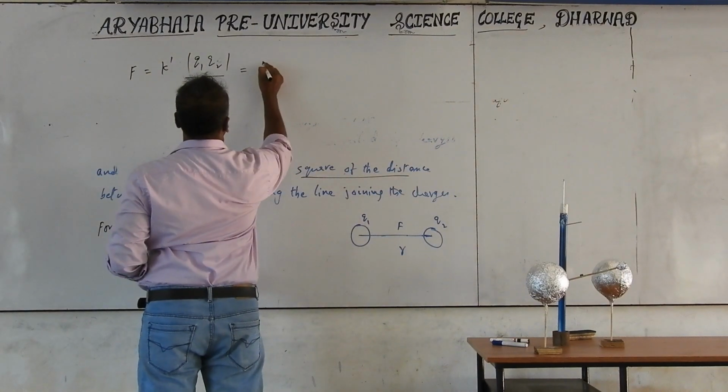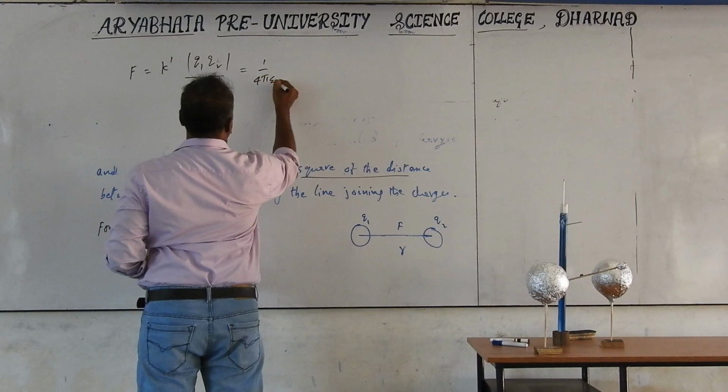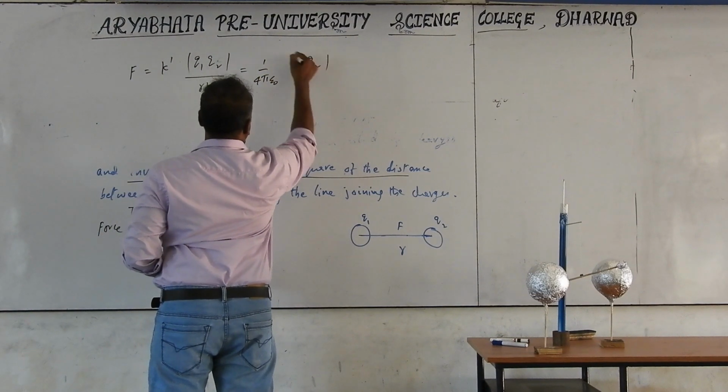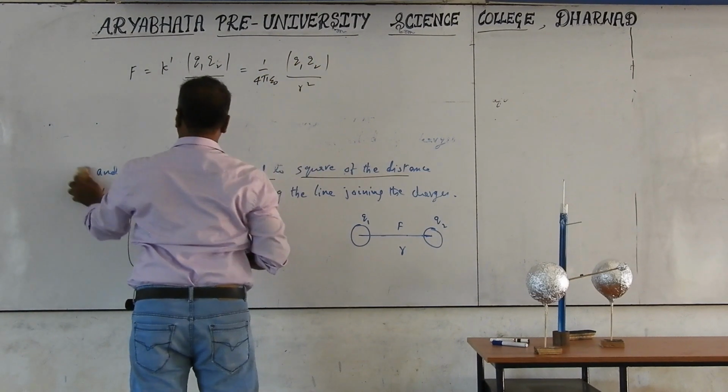Further it can be written as 1 by 4 pi epsilon naught into Q1 Q2 by R square.